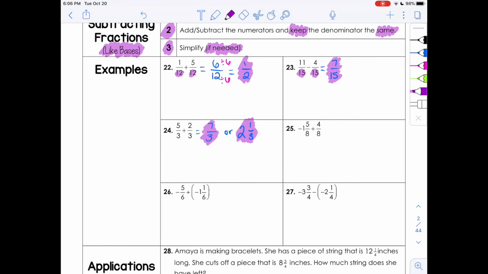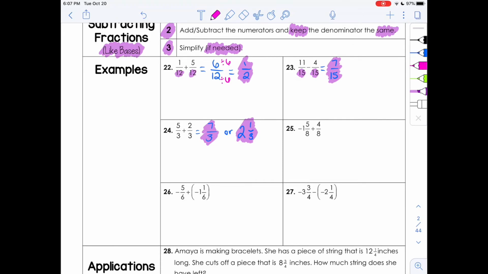Let's take a look at number 25. So number 25, we do have our denominators that are the same. However, you'll notice that one of our numbers is a mixed number, and that mixed number is negative. So remember, our first step is to change all mixed numbers to improper fractions. So we want to change -1 5/8 to an improper fraction.